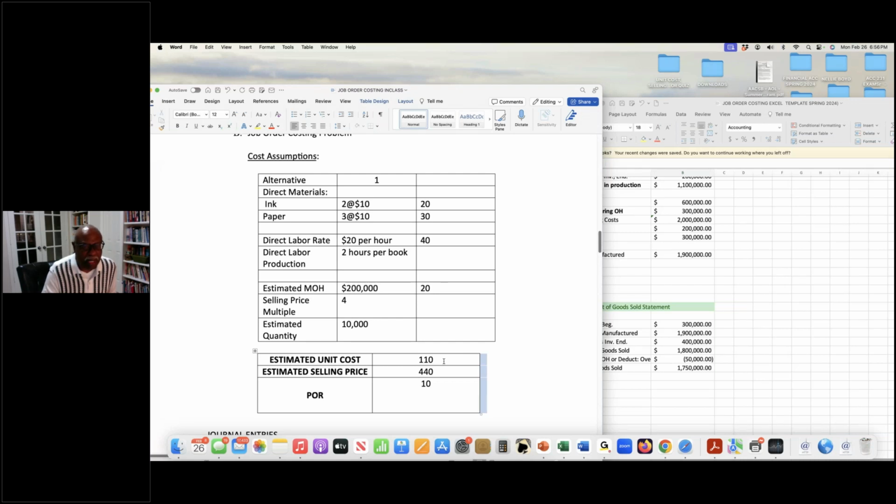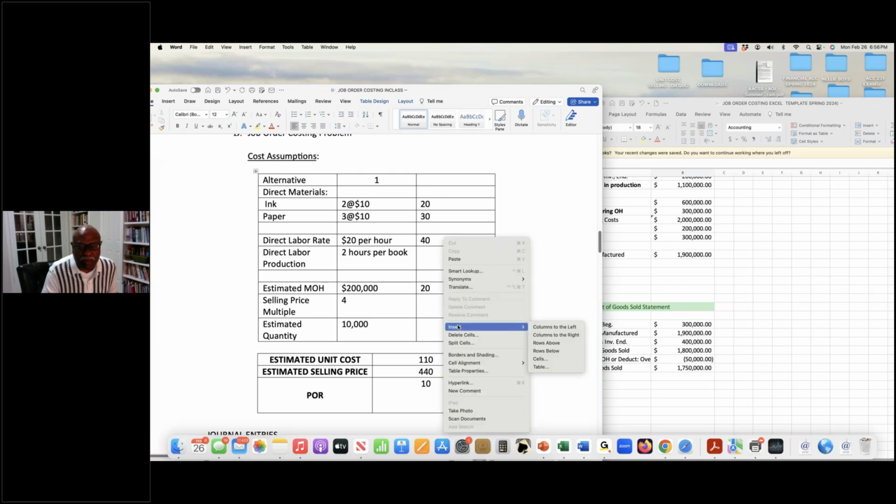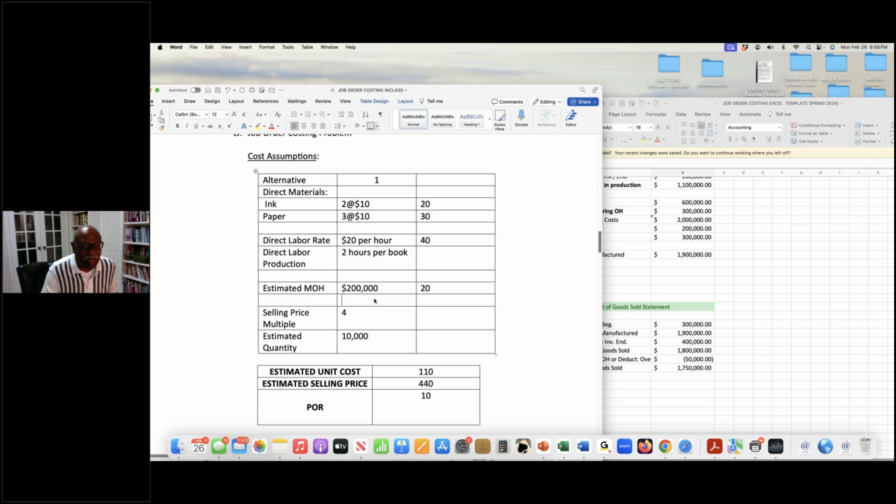So let's see if we can get a POR. With our new way, let me insert a row above. What's the total hours that are going to be worked?